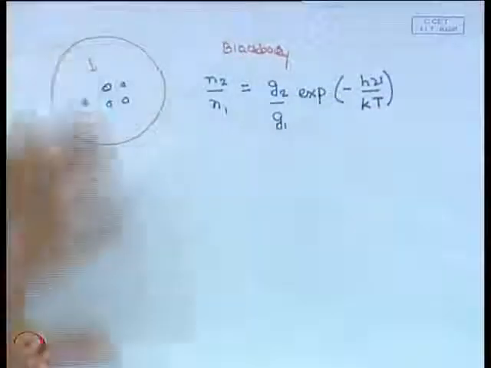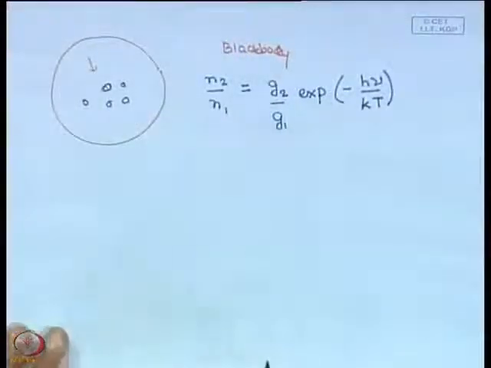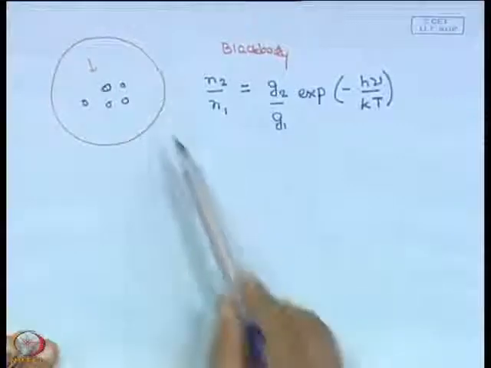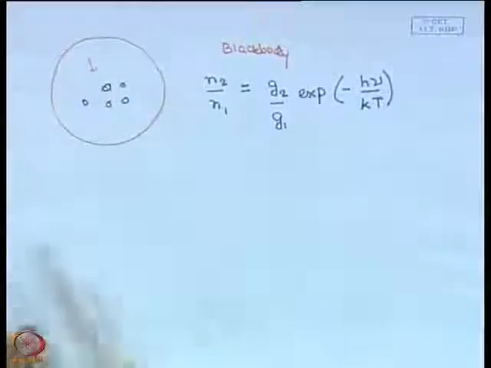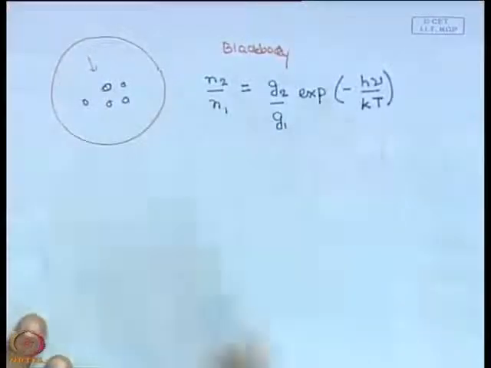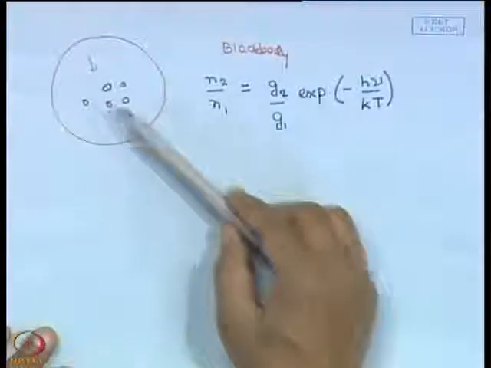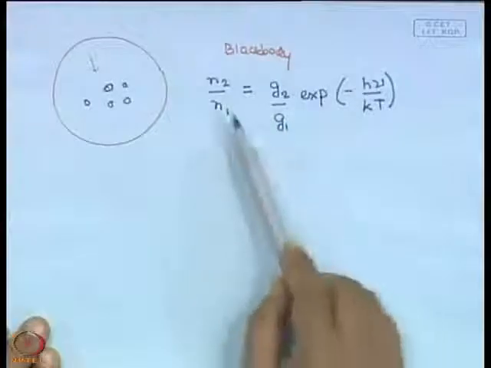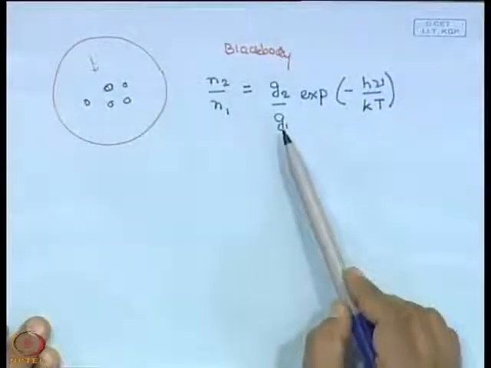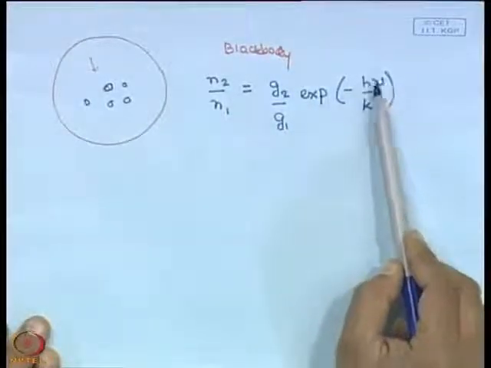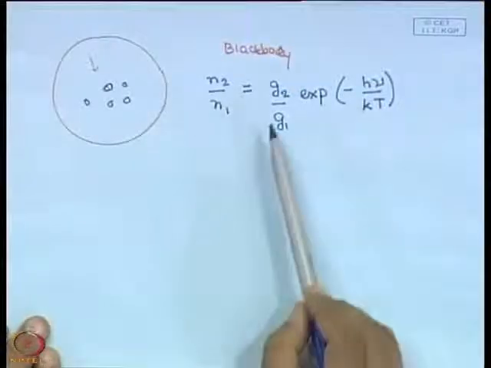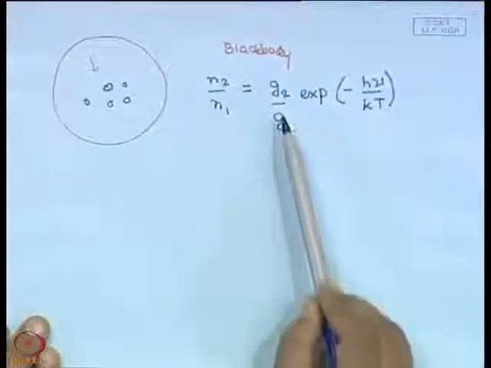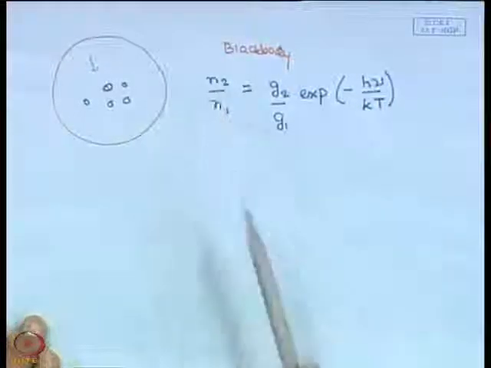So, this is known from statistical mechanics that if you have a two level system in equilibrium at temperature T, then the ratio of the number of particles in the excited state to the ground state will be given by G2 by G1 exponential minus the energy difference by kT, where G2 and G1 are the degeneracies of these two levels.